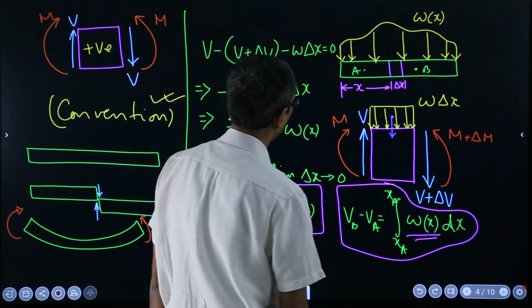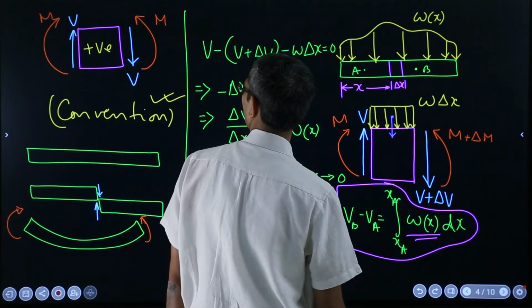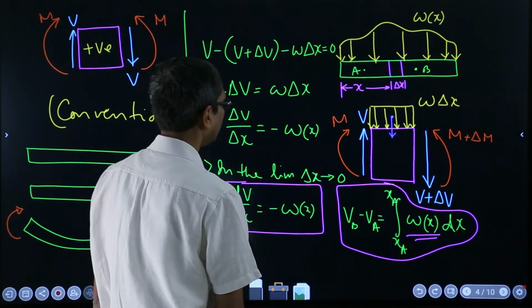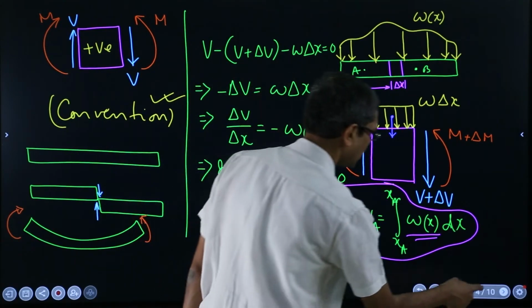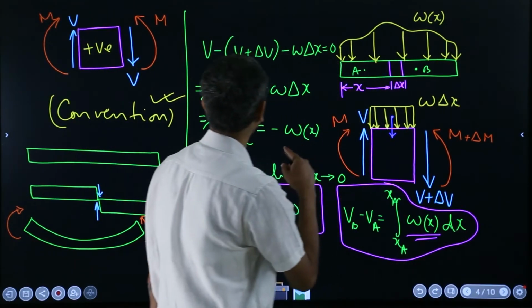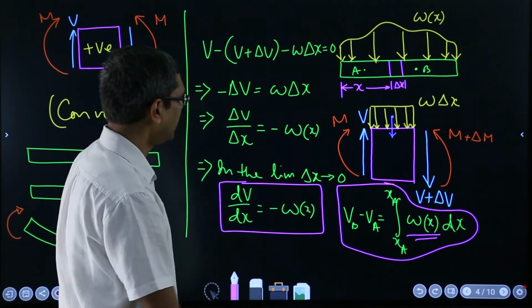Fine. Then if I want to calculate the variation of moment, I'll just write the balance of moments.